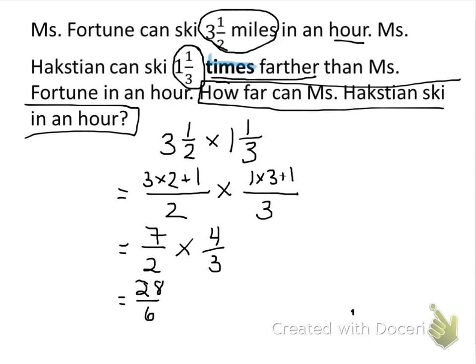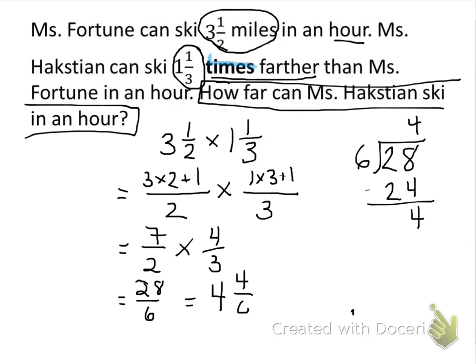Okay, our last step is to simplify. So we're going to divide 28 by 6. Well, I know 6 can go into 28 4 times, and 4 times 6 is 24. I subtract and get a remainder of 4. I write that as a mixed number as 4 and 4/6. Remember, this is how many whole times it goes in, so it becomes our whole number.